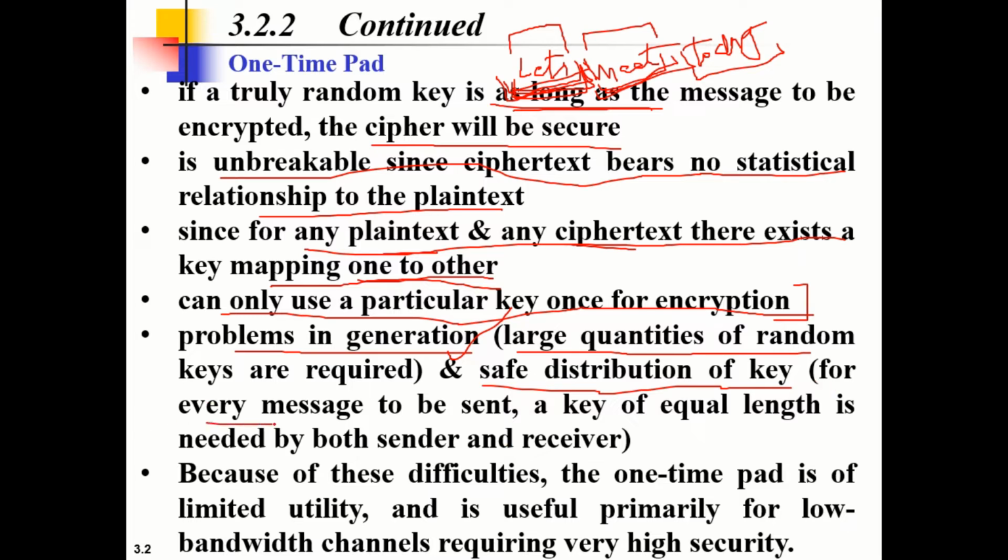Every message which is to be sent needs a key of equal length by both the sender and receiver, because the key which the sender is using will be used by the receiver to decrypt the message. So passing the key over an insecure channel will again be a problem. Because of these two difficulties, this one-time pad is of limited utility.